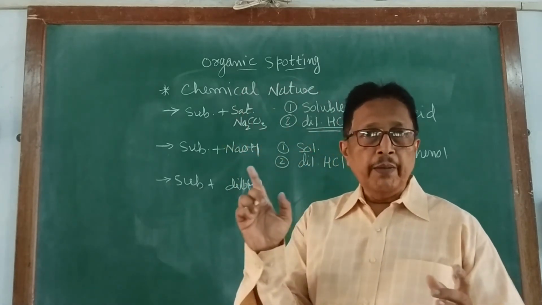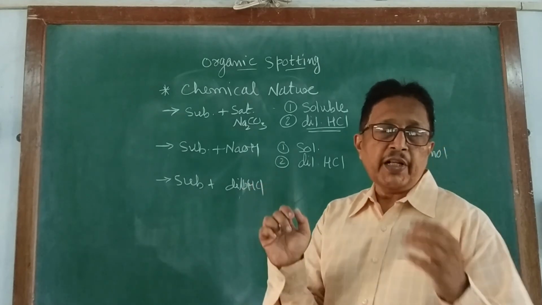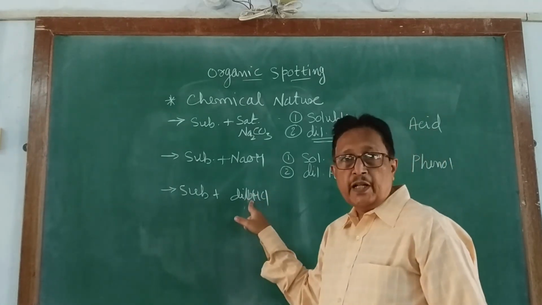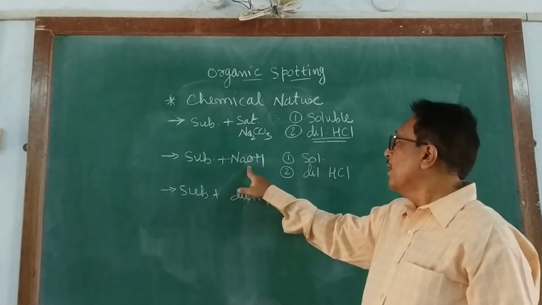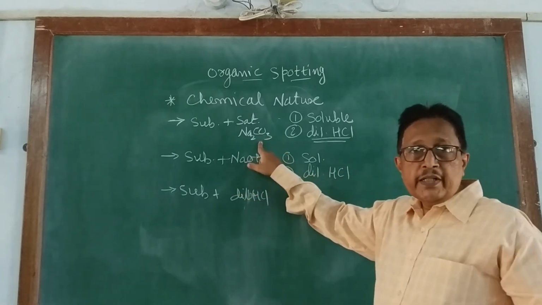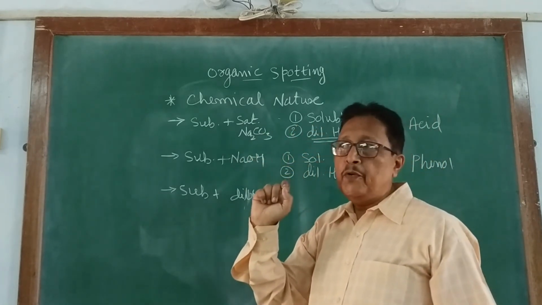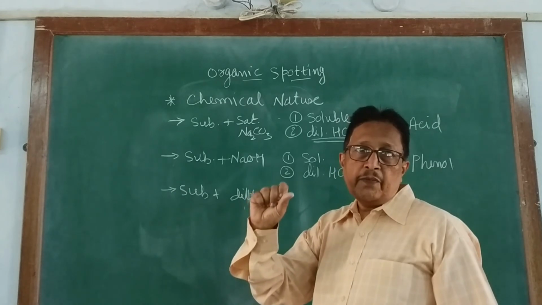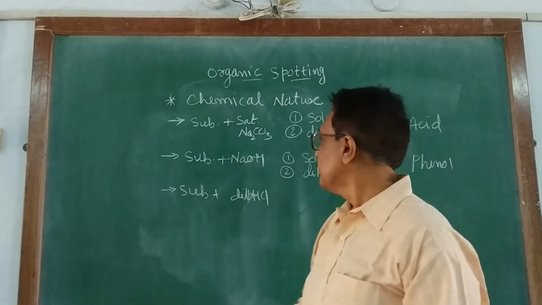So you need to remember all these 10 bottles according to the number given. Dilute HCl from your table only, NaOH from your table only, sodium carbonate is a side reagent. So remember carefully whether you are taking the substance or solution from the side reagent or the table reagent.